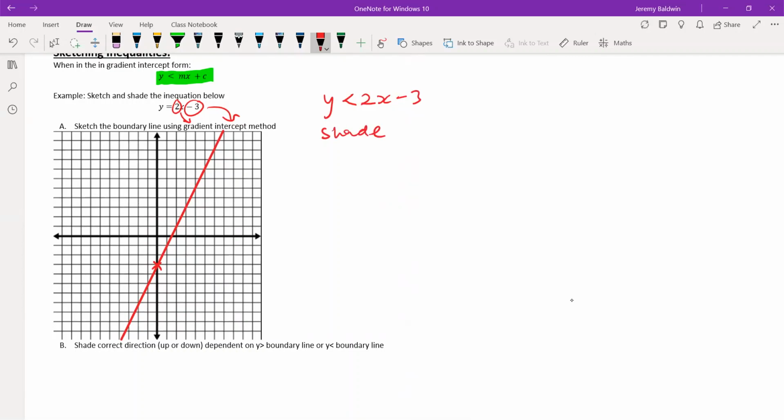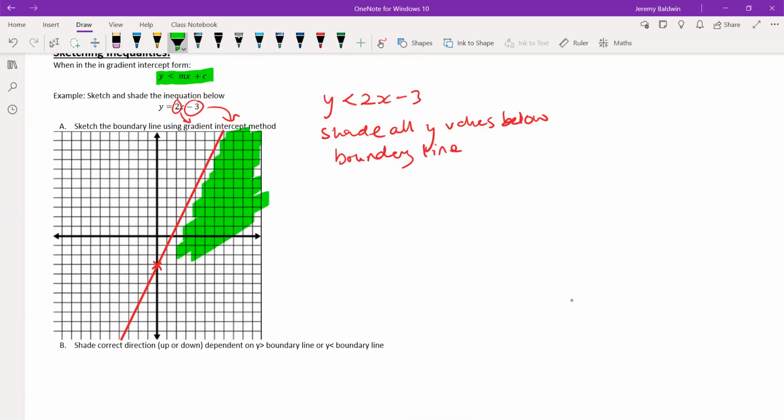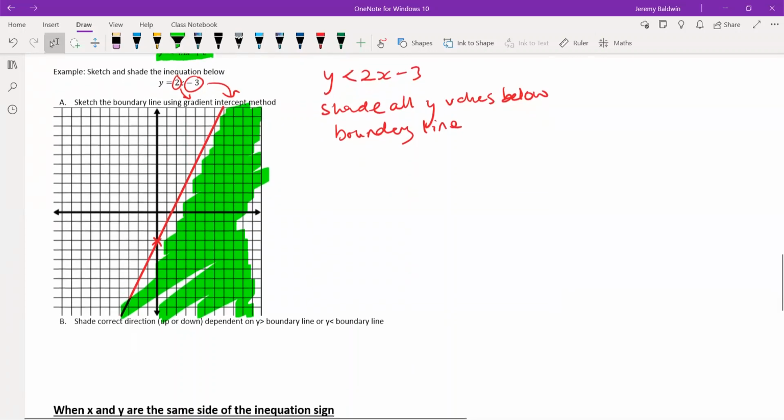So that means we're shading this whole region here. We're going down. If it was the other way around, you would shade upwards, because all the y values are above the boundary line. I personally think that's the simplest way.